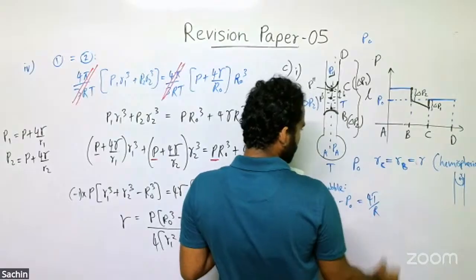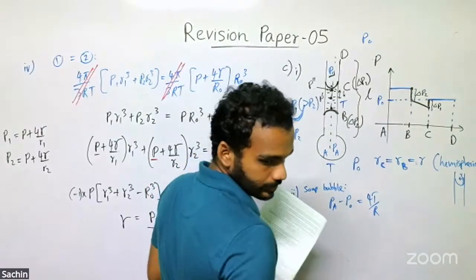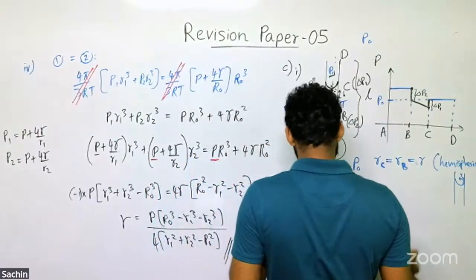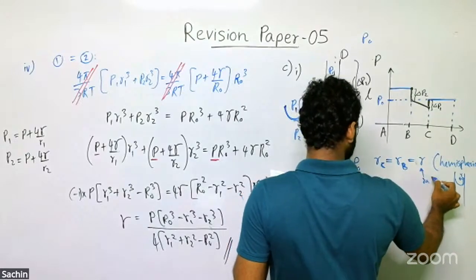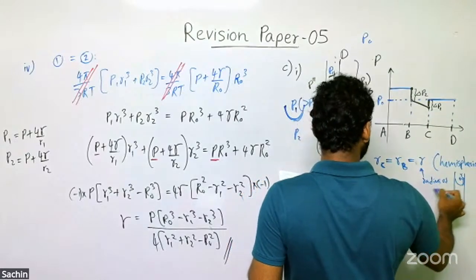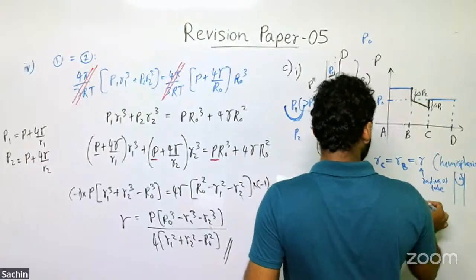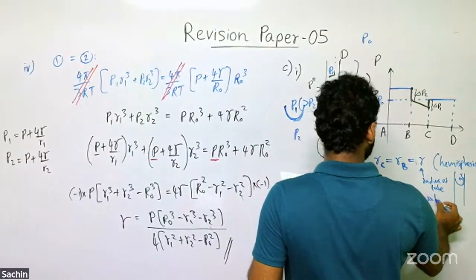I'm going to take it as capital R, the radius of the bubble. This is the radius of the tube. R is the radius of the bubble.